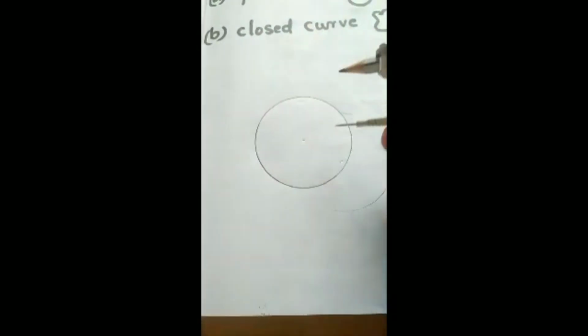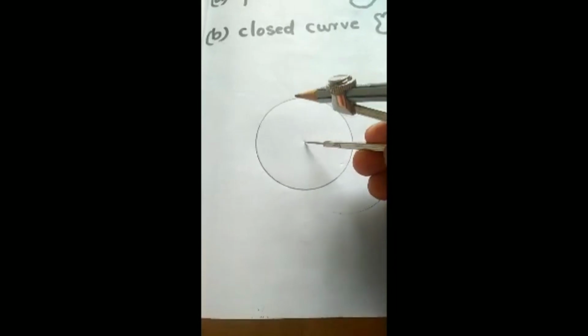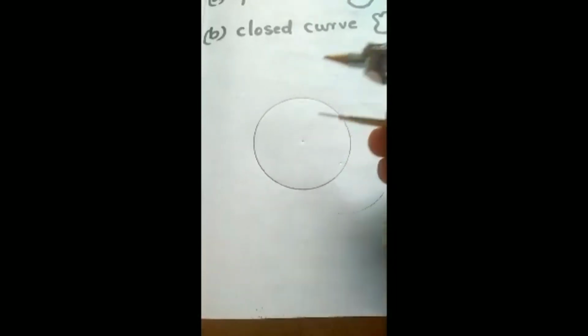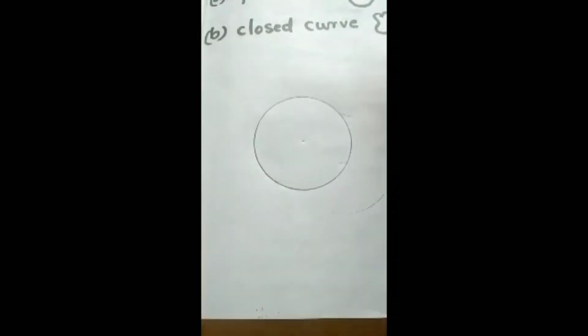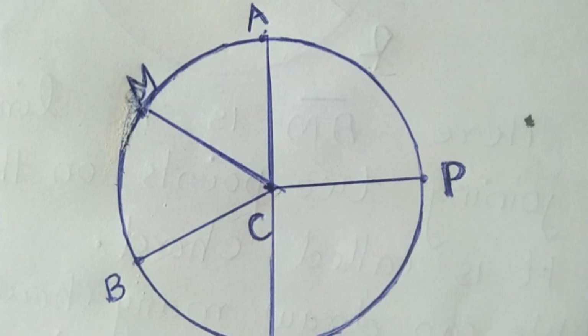Okay. So this is the point where I kept the compass tip. This is known as the center of the circle. What is a circle? A circle is a simple closed curve, but it is not a polygon. Why?